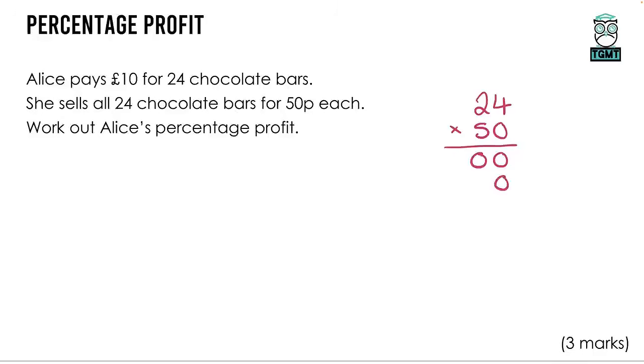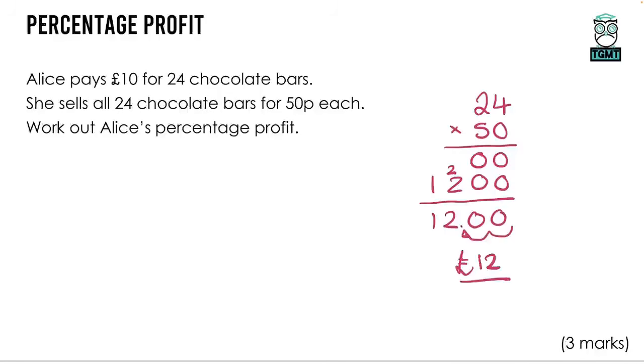Placeholder in for the 5, so 5 times 4 is 20, 5 times 2 is 10, plus the 2 is 12. There we go, and we get 1,200 pence, which if we convert that into pounds is £12. So there we go. She sells all of these for £12.